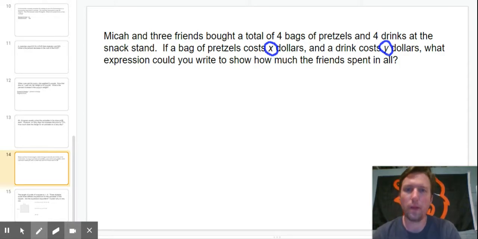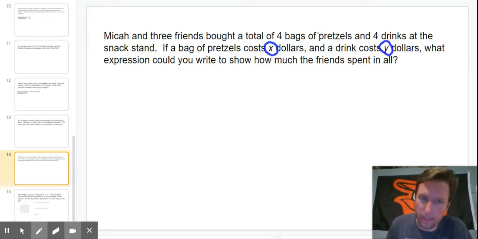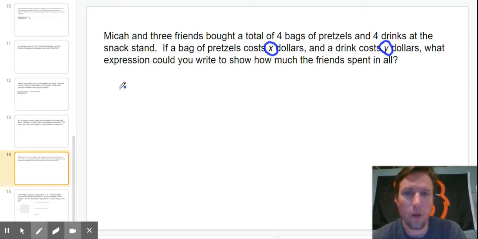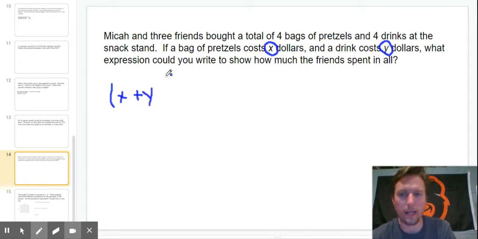Okay, so let's say our first scenario, we're just supposing, suppose each friend bought 1 bag of pretzels and 1 drink. How do we represent that? Well, we could represent it as they bought a pretzel, which would be X, and they bought a drink, and that would be Y. So together, X plus Y is what one friend bought. But there are 4 friends.